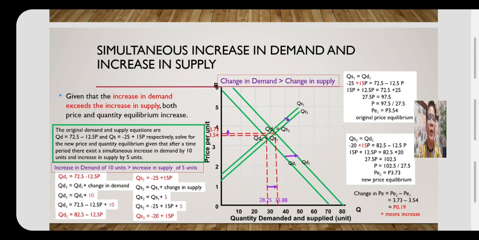Specifically, QS sub 2 is equal to negative 25 plus 15p plus 5. And thus QS sub 2, which is the new supply equation, is now equal to negative 20 plus 15P. So we have now the new demand equation and new supply equation.